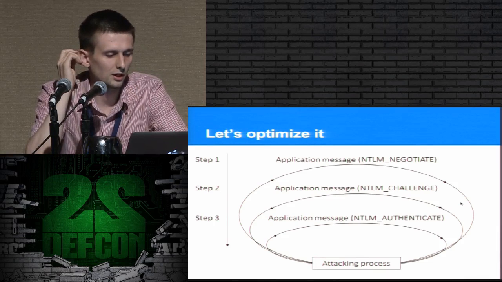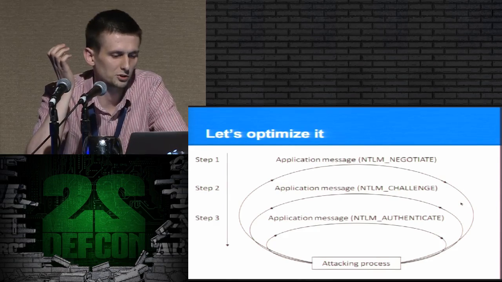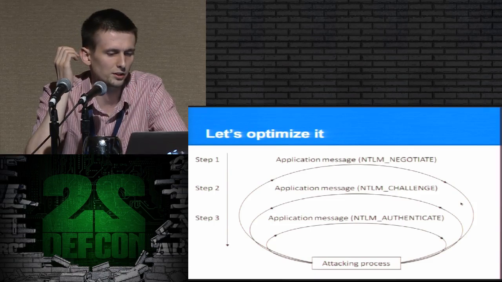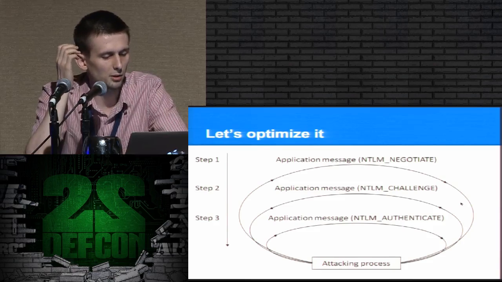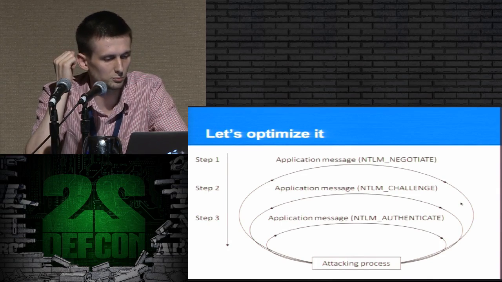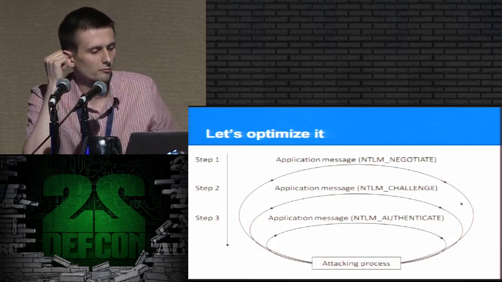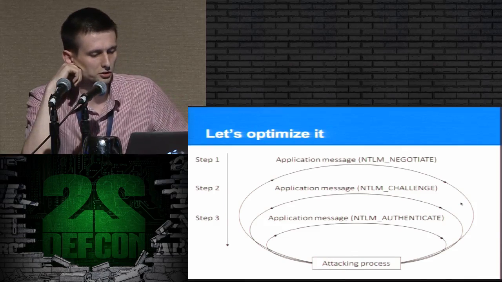That means the application actually knows what the challenge is, what is sent to the server, and what was captured by the client. So there is no traffic on the network, and the attacking application could grab all that information that was passed and use it somehow to calculate and extract hashes later.